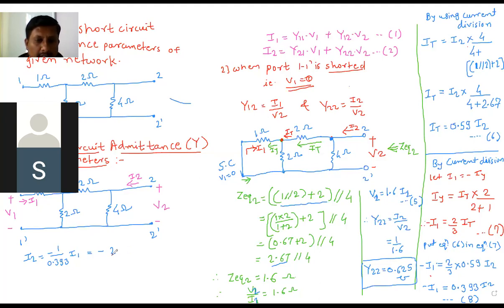So minus 2.544 into I1. So this you can put in equation number 5. या equation मध्ये ठेवा. Put this in equation number 5.